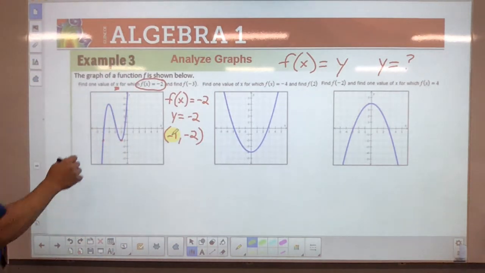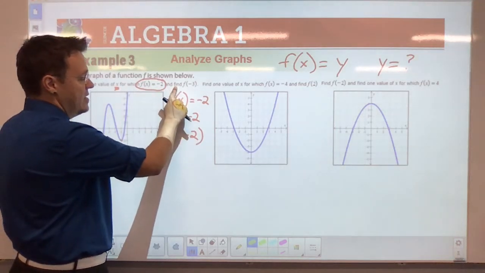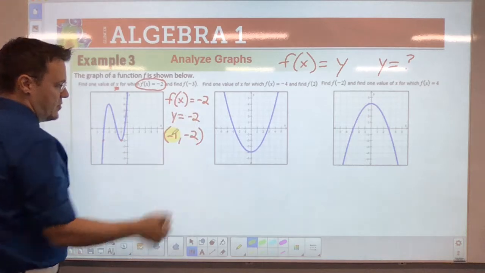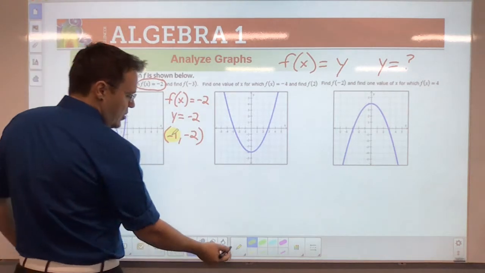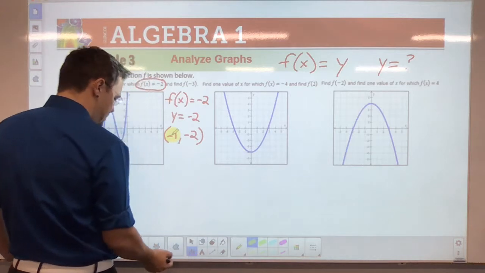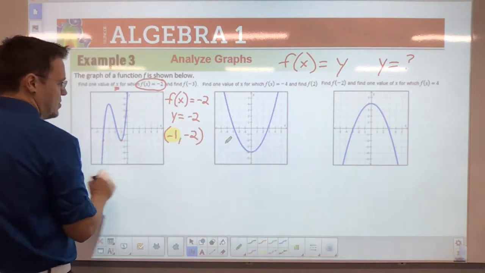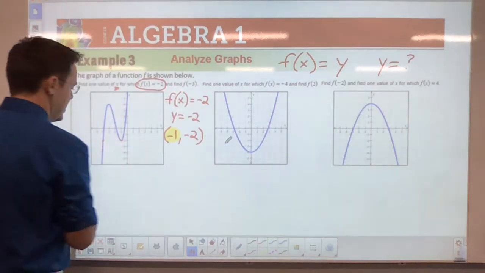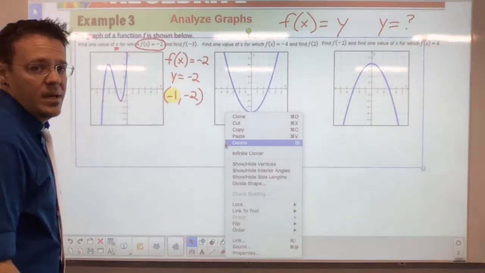All right, so find one x value for which this is true, and then you need to find f of -3. So what does that actually mean? So what that means is that when you're going through this process here, let me change this up real quick. And we're going to do this multiple times so you guys can understand this, so you're not thinking yourself, what in the world is he talking about? Okay.